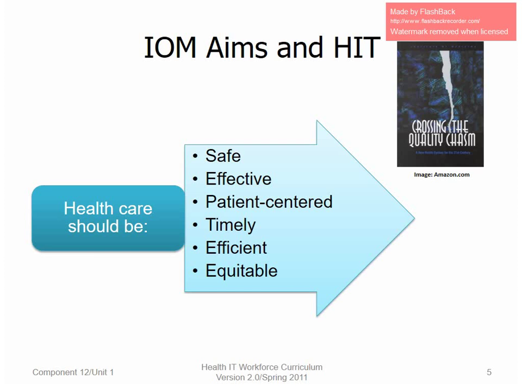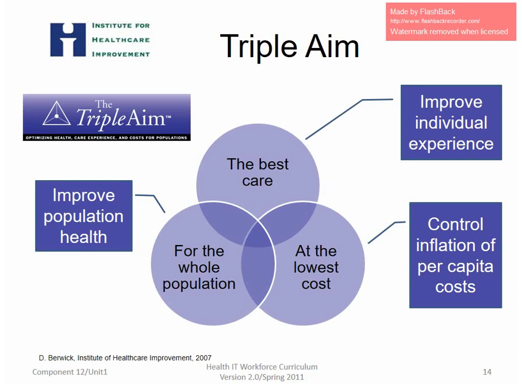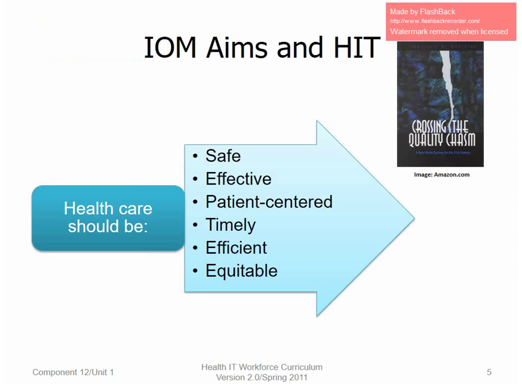The six aims of the Institutes of Medicine should be safe care, effective care, patient-centered care, timely care, efficient care, and equitable. And your case reviews are going to reflect these 6 items, and each one of those case reviews addresses one of them, which you'll be using in your discussion forum.